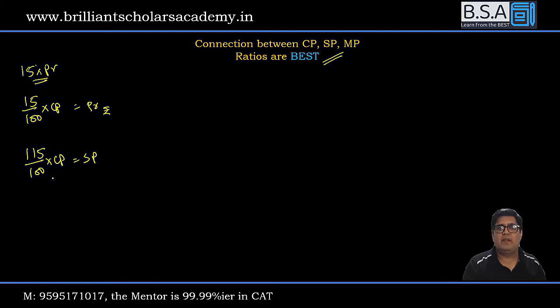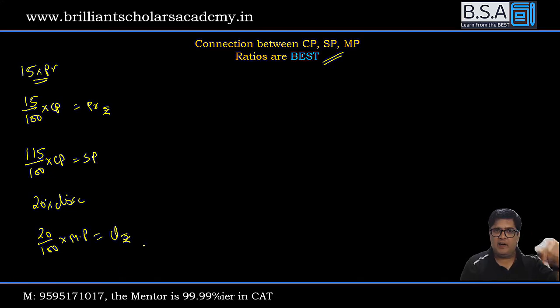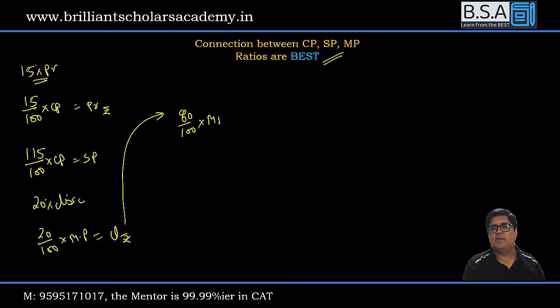If I have, let us say, 20% discount, if I simply calculate 20% of the marked price, I will have discount in rupees. If I lower 20%, I lower 20% of the marked price, I will have the selling price.